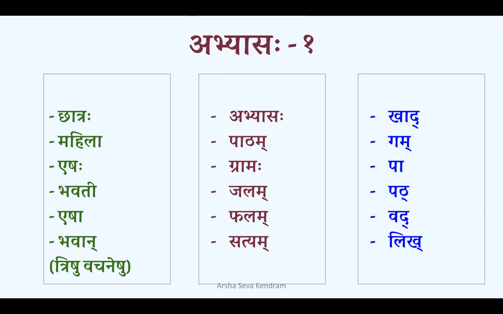There Bhavan is implied because you are addressing a boy, a pullinga. If you are addressing the boy directly, abhyasam likhatu, which is the form we studied previously. That is still valid, nothing wrong with that.